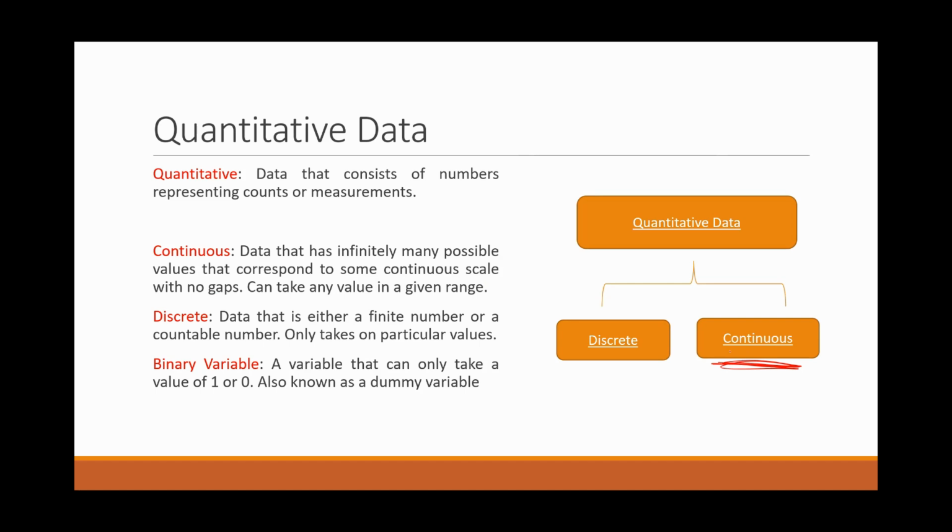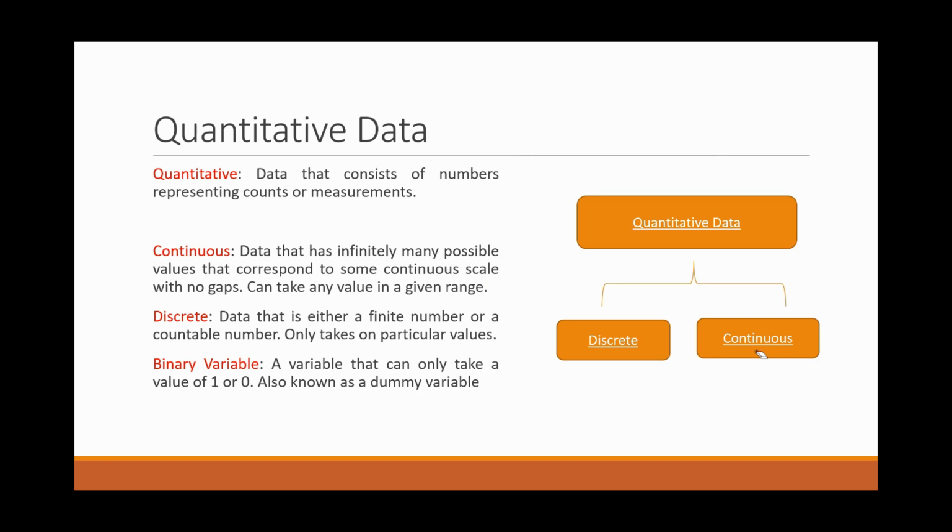Continuous variables often come up when we're measuring quantities in real life. So we could say the speed of a car is a continuous variable because you could measure speed down to an infinite number of decimal places, for example. So continuous data is data that can take on any value within a given range.